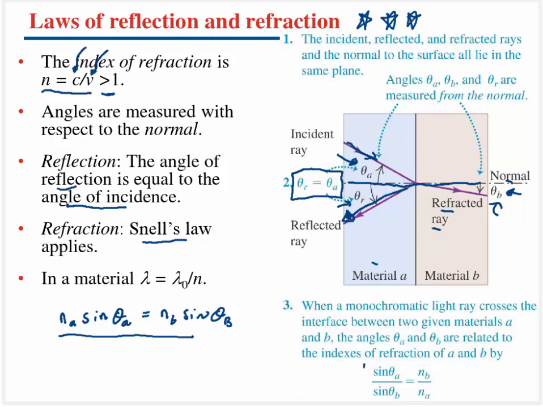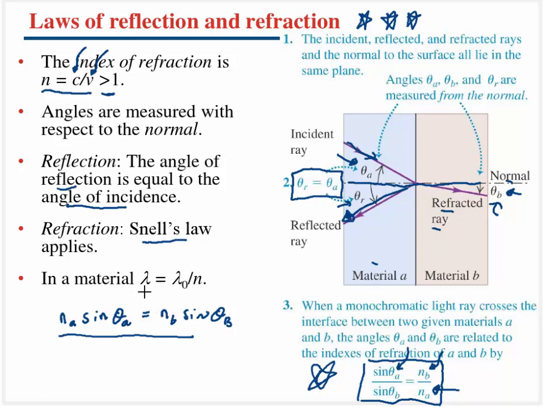We could also write it as a ratio. Keep in mind that if you take a look at it like that, we have sine theta A over sine theta B equal to the index of refraction of material B over the index of refraction of material A. So super important equation. Make sure you're able to use this equation.